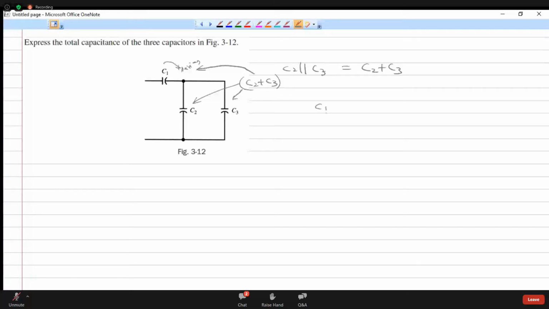So we multiply C1 into C2 plus C3 divided by C1 plus C2 plus C3. So this is the total capacitance.